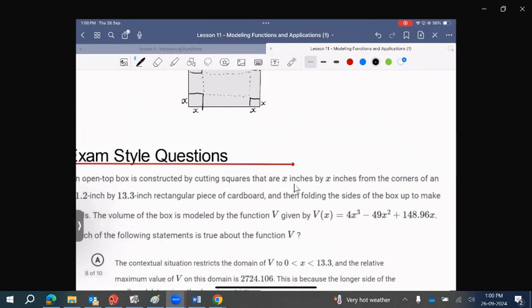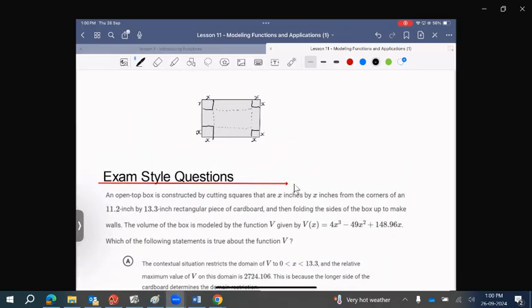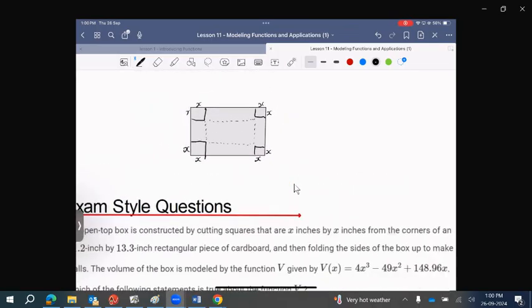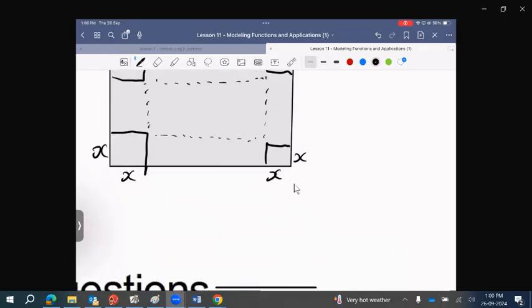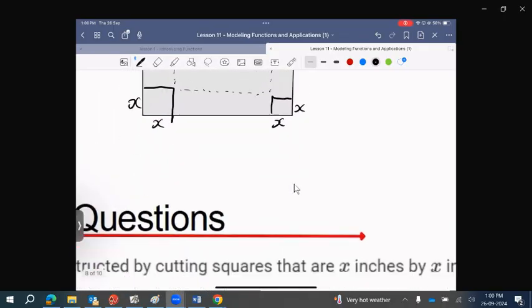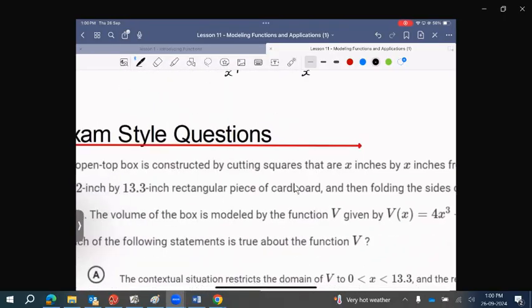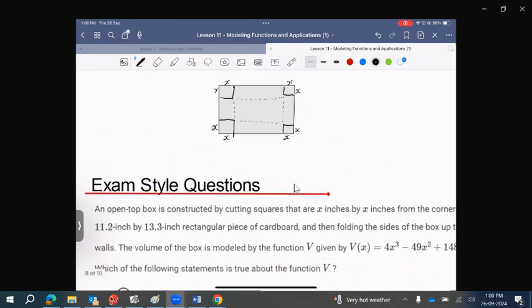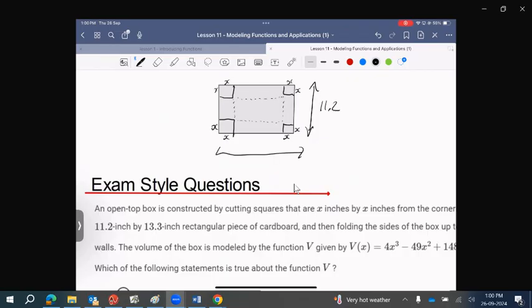So, there are two ways of looking at this. We can solve this with a graphing calculator, or we can solve it by thinking it through a little bit. So we've got 11.2 as this distance here, and this distance here is going to be 13.3.